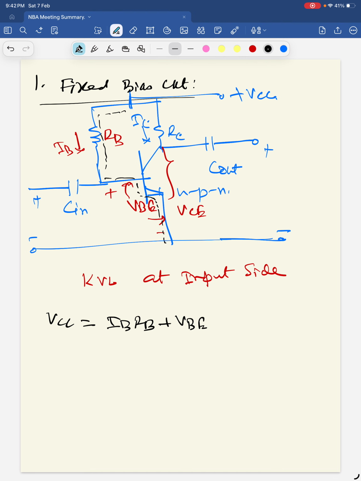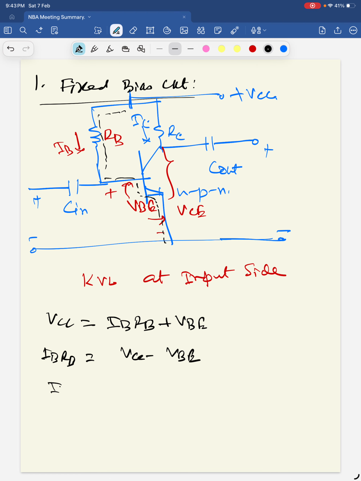But we know that VBE is very small, so we can neglect it, because VBE is very less with respect to VCC. So IB RB is equal to VCC minus VBE.